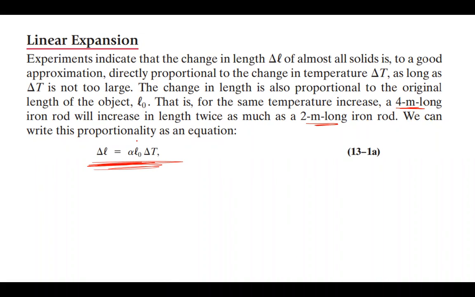We can write this proportionality as this equation here. This is very important. You just have to master it.